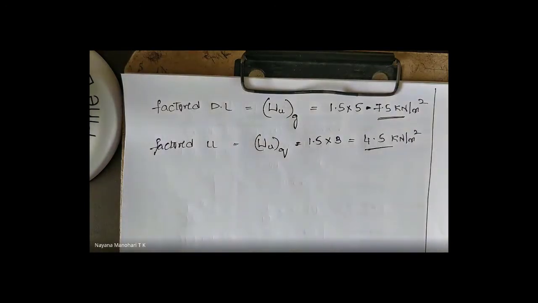Why? Because it is a continuous one-way slab. In order to derive that equation, the code itself has specified bending moment coefficients. I will show you now.